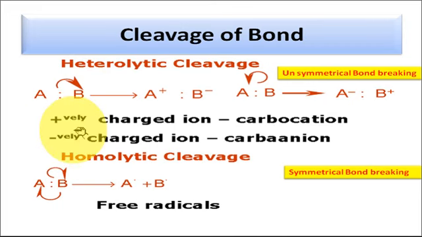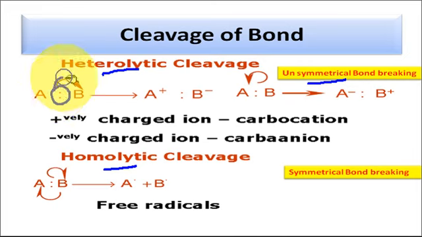So the cleavage of bond may be of two types. First is the heterolytic cleavage and second is the homolytic cleavage. Heterolytic cleavage is the unsymmetrical bond breaking. That means when the bond cleavage takes place, both the shared electrons go to one atom.